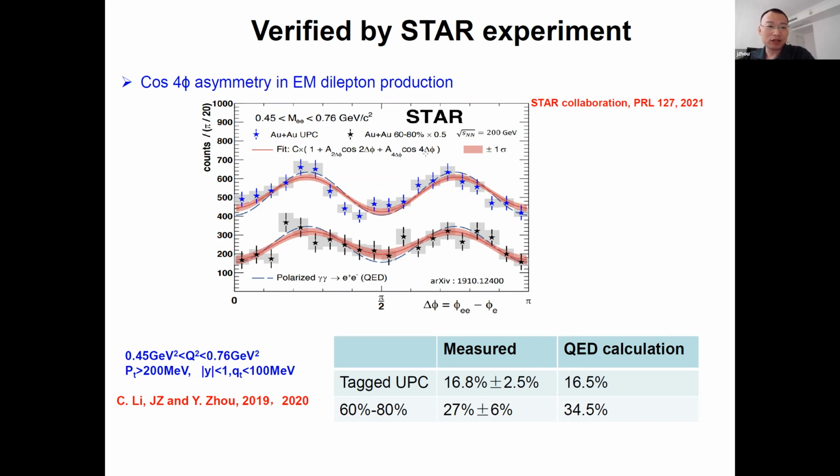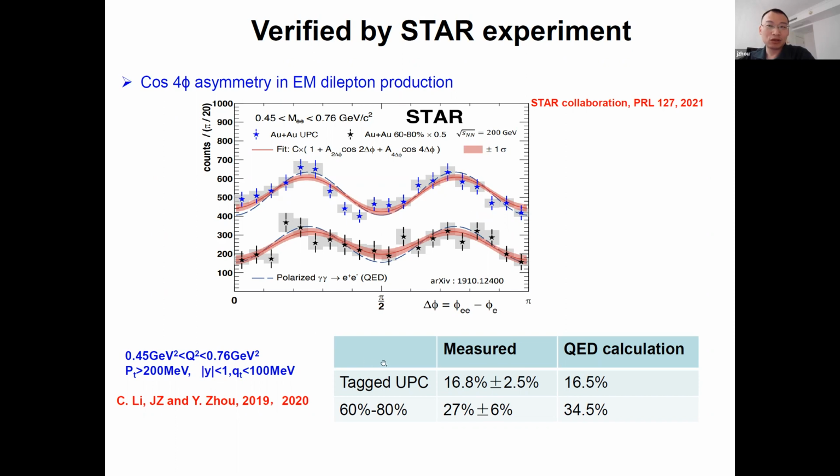Of course, here we consider the back-to-back limit, where P-perp is much larger than the total pair transverse momentum. So then we went on and carried out some calculation, and we found a quite sizable cosine 4 phi asymmetry. Our prediction was soon confirmed by the STAR measurement.